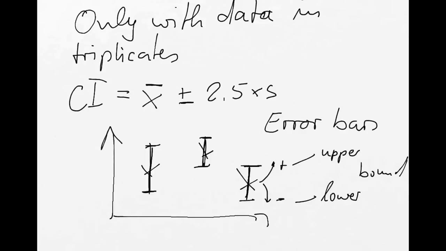And with this confidence interval for each one of them, I can say, oh, that's interesting. What would happen, for example, if I had a sample here with this confidence interval? I compare that to all the other samples that I have. What does that indicate? In this case, the confidence intervals don't overlap.